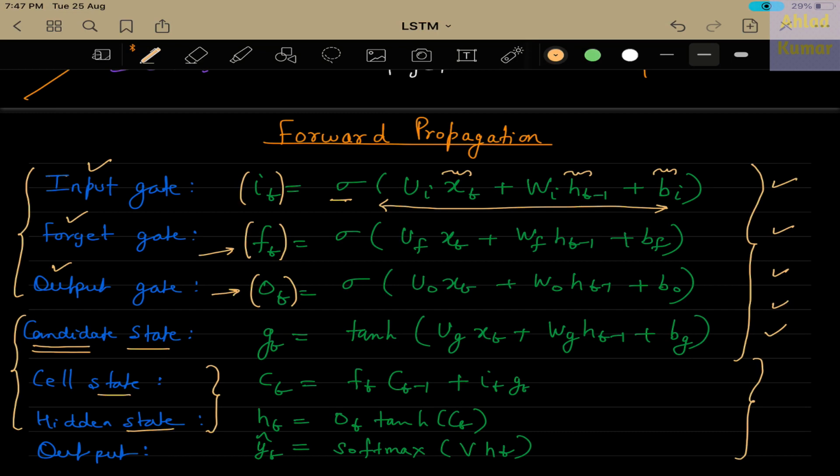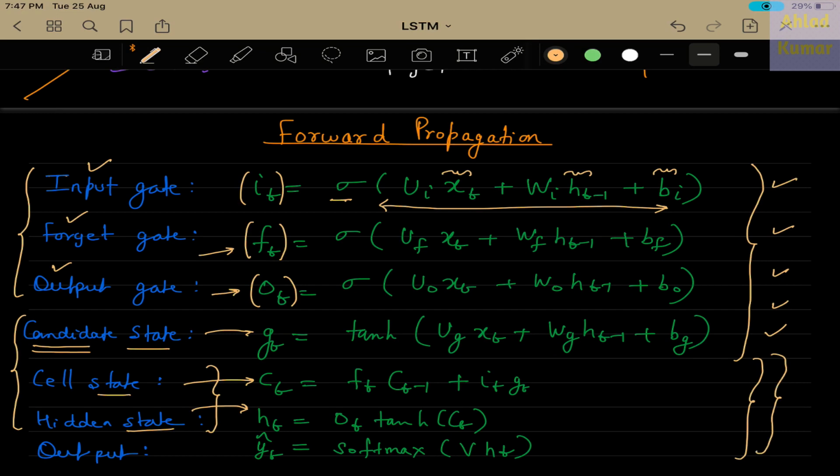We have discussed that in greater detail in our earlier lecture, so you can consult that. The candidate state is represented as GT, cell state is represented as CT, and hidden state is represented as HT, and all these equations are related to that.